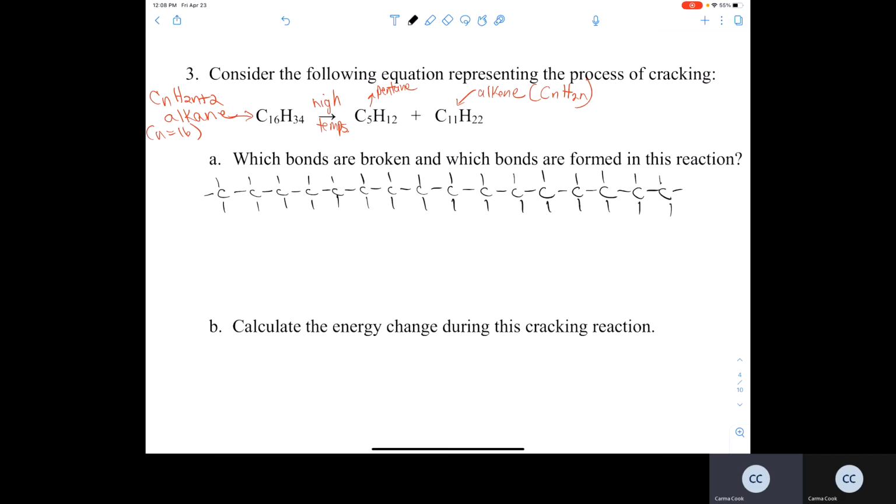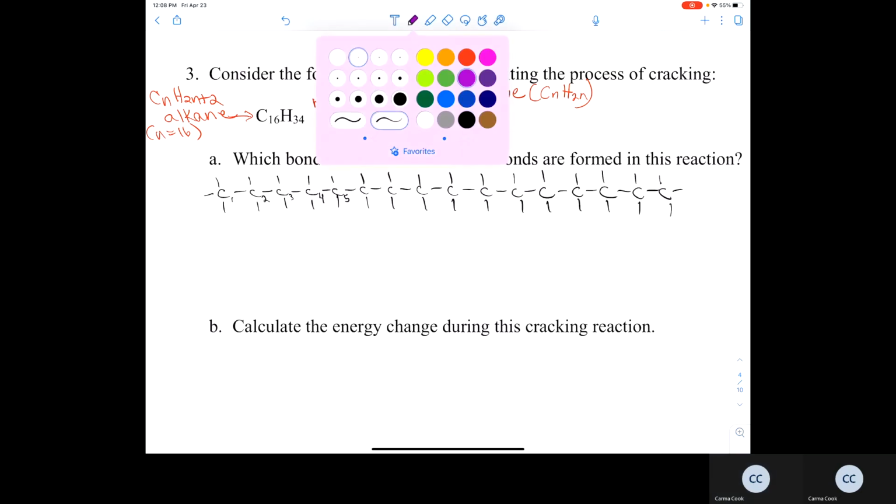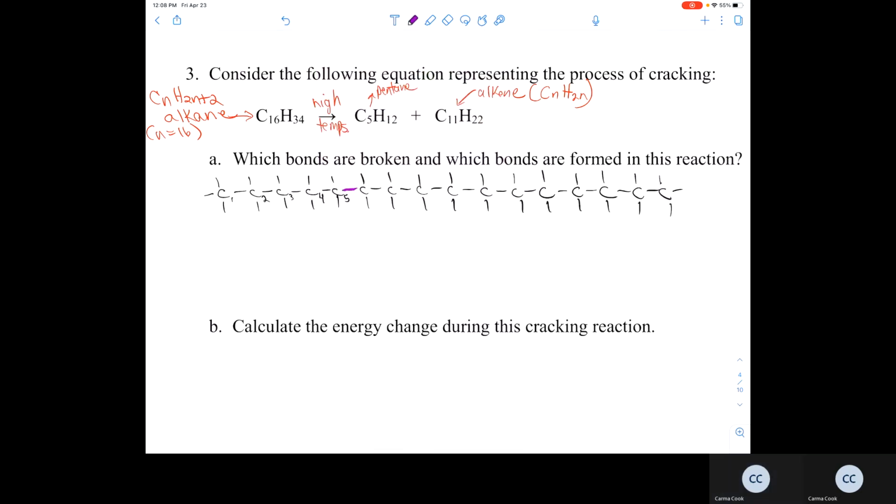Okay. And so these first carbons, that's carbon 1, carbon 2, carbon 3, carbon 4, carbon 5. So we get a product that has 5 carbons and then another product that has 11 carbons. So that means after the 5th carbon, this bond had to be broken in order to get a C5H12 product.